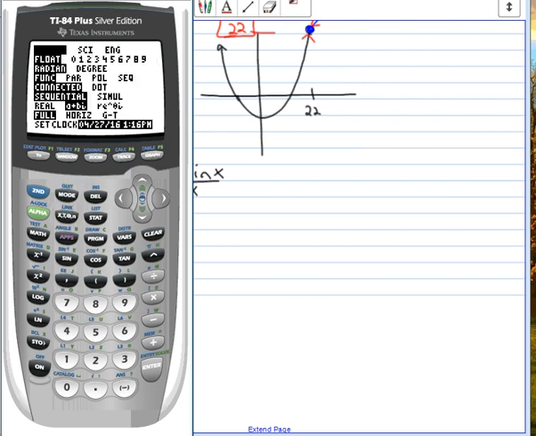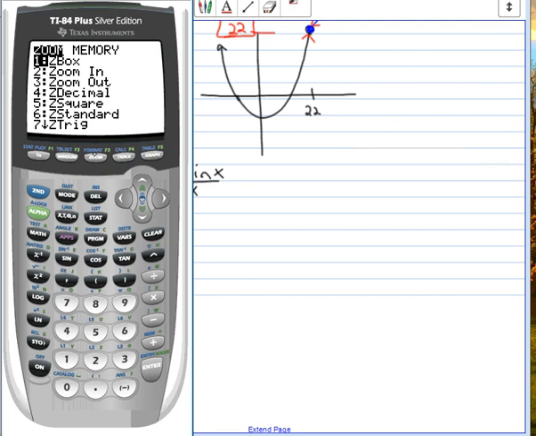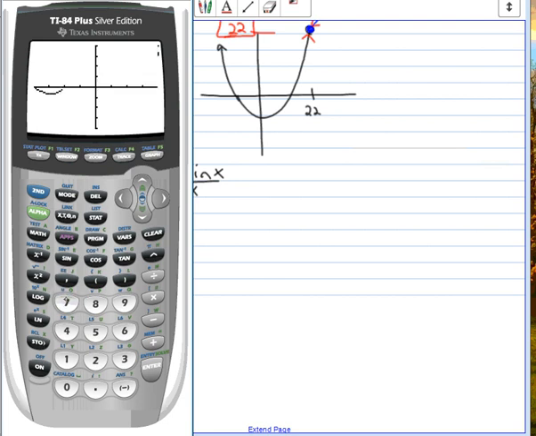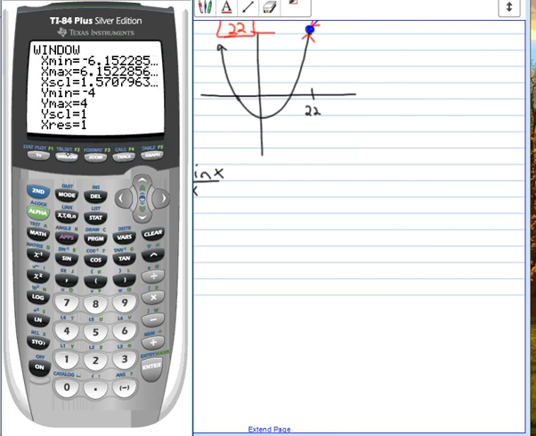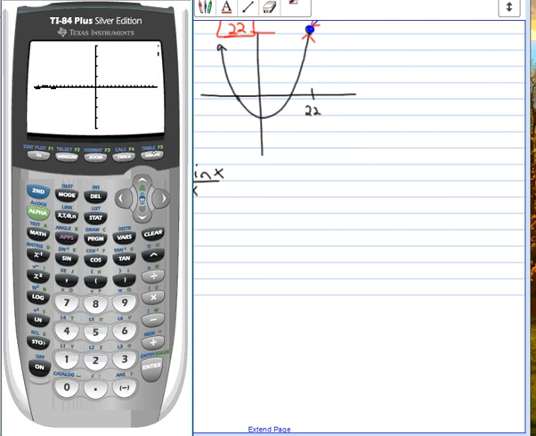Mode, I'm in radians, that all looks good. Zoom trig, choice number 7. Need to make that a little wider, don't we? Window, minimum, let's go negative 25, maximum, positive 25. That's not quite to infinity, but I think it'll be enough where we can figure out what's happening.